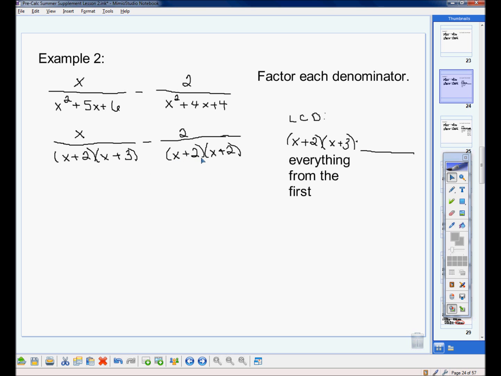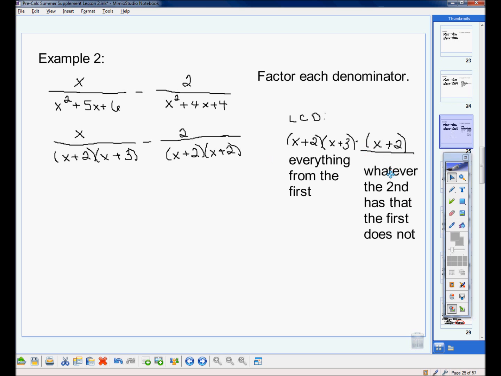Now, yes, there is an x plus 2 found over here, but there's an extra one here. So we have to make sure that our new denominator has 2 of them, just like this one does. So whatever the second has that the first does not, we need an extra x plus 2. So our least common denominator has to have 2 factors of x plus 2 and 1 factor of x plus 3.